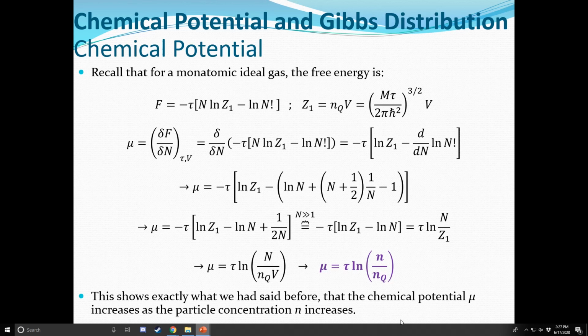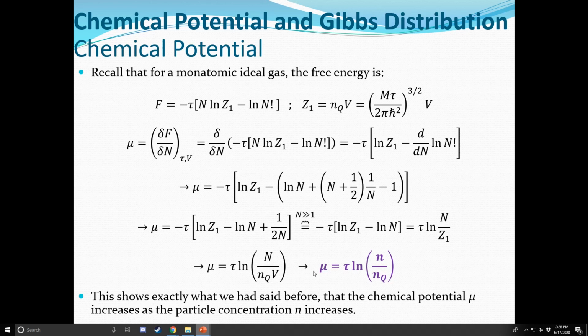All right. So this ends up going back to the chemical potential being related to the concentration, which again makes sense. If we have two rooms and one room has a much higher concentration than the other, then it makes sense that the room with the high concentration should have what we state as a high chemical potential.